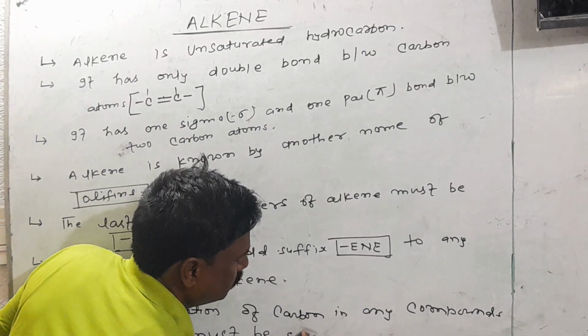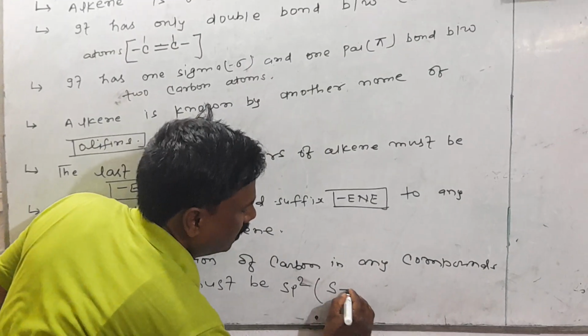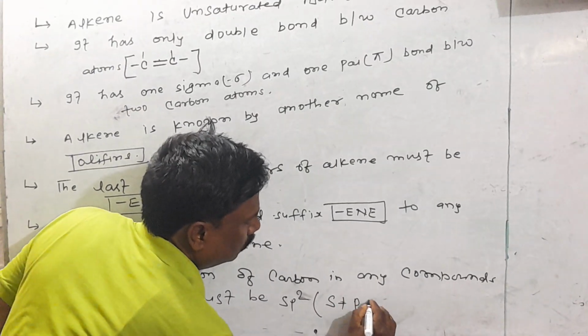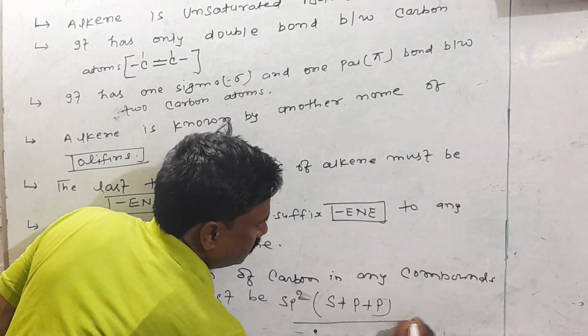The meaning of sp2 is one s orbital and two p orbitals.